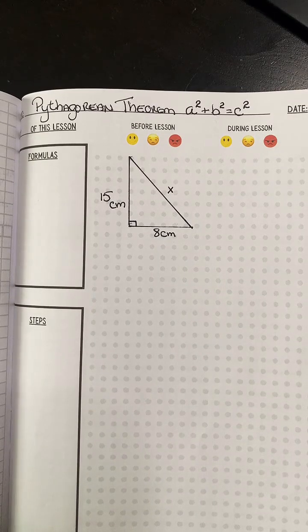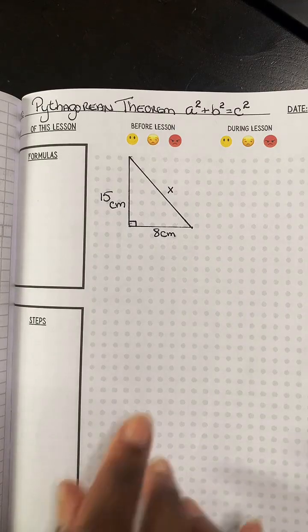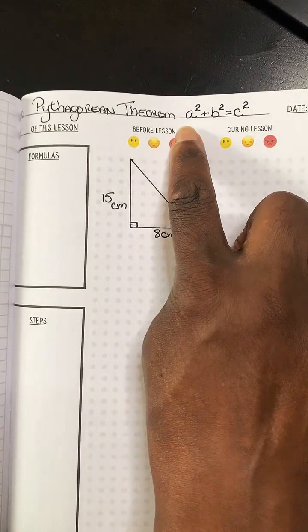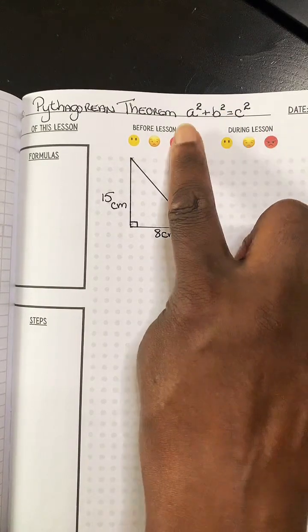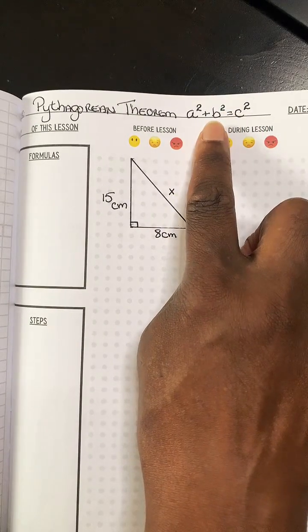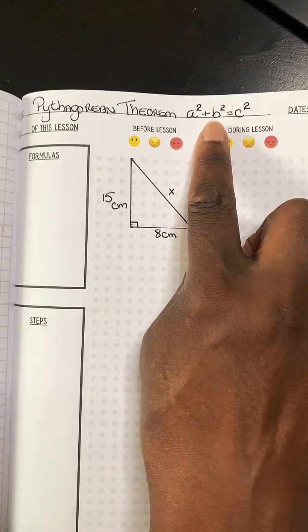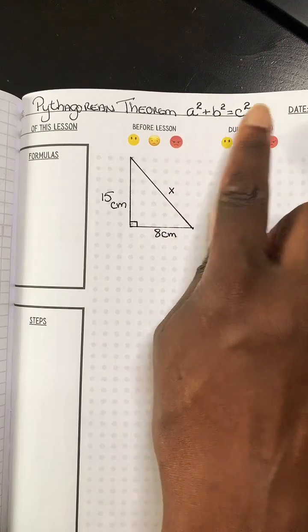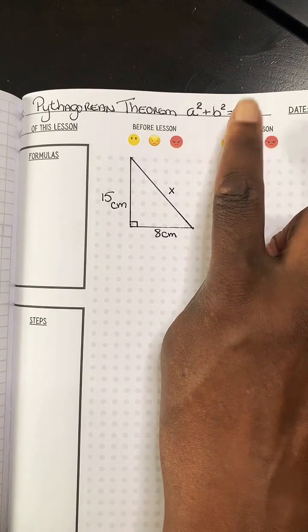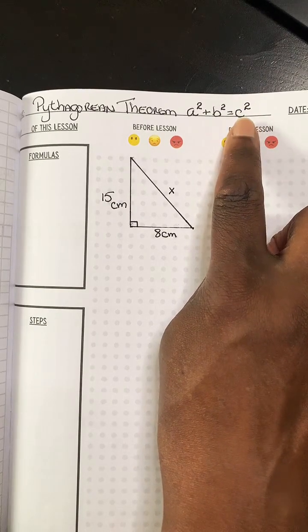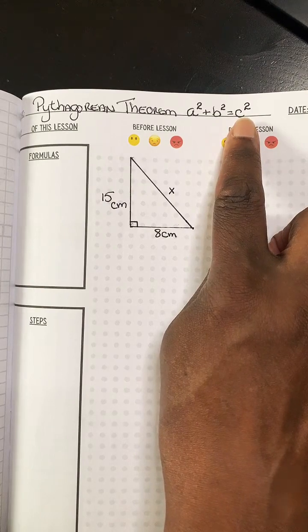So Pythagorean Theorem, I'm going to give you just a small synopsis: you have a squared plus b squared equals c squared. Your a and your b are the legs, those are your sides. The side that's directly across from the 90 degree angle is going to be your c, aka your hypotenuse.